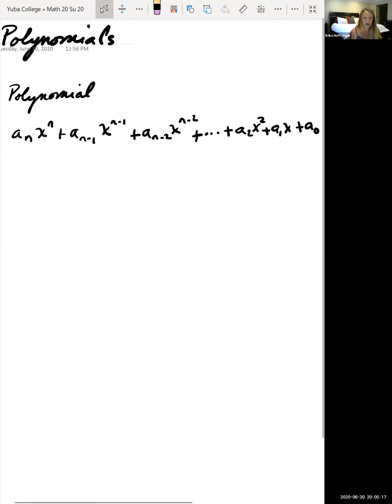Okay, so it doesn't look pretty, but basically all it's saying is, first of all, these a sub i terms are our coefficients.